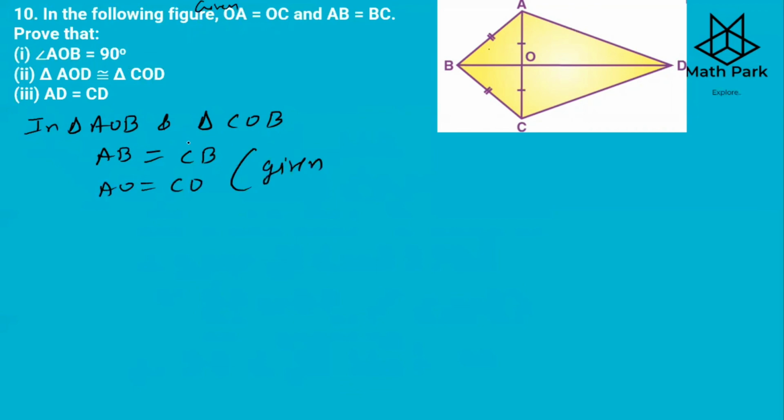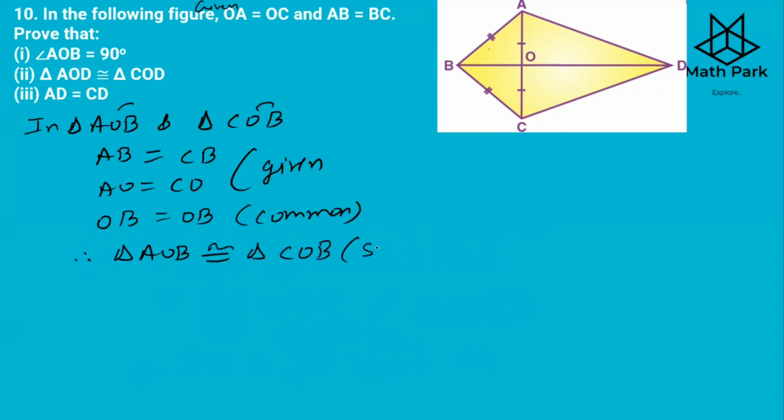What is the next thing you can have? OB is equal to OB is common. So you have OB is equal to OB is the common side. So therefore you get triangle AOB is congruent to triangle COB by SSS. Three sides are congruent. And therefore you get angle AOB is equal to angle COB by CPCT.